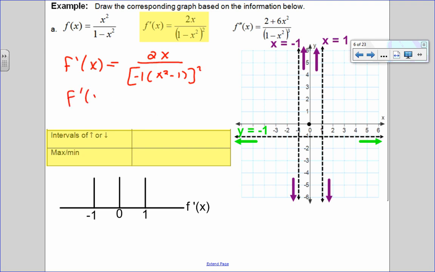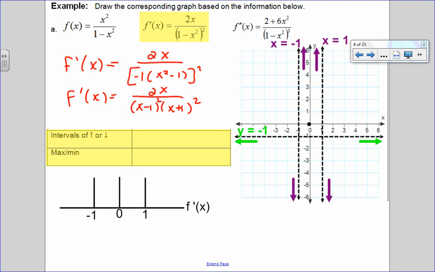So this will be 2x over, negative 1 squared is just 1, and x squared minus 1 is a difference of squares, x minus 1, x plus 1, and each of those will be squared. Okay, so that is my first derivative in factored form.